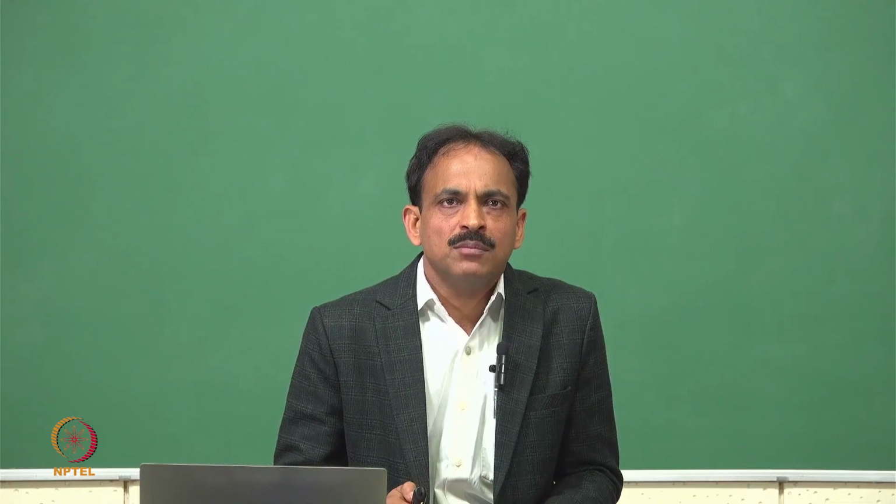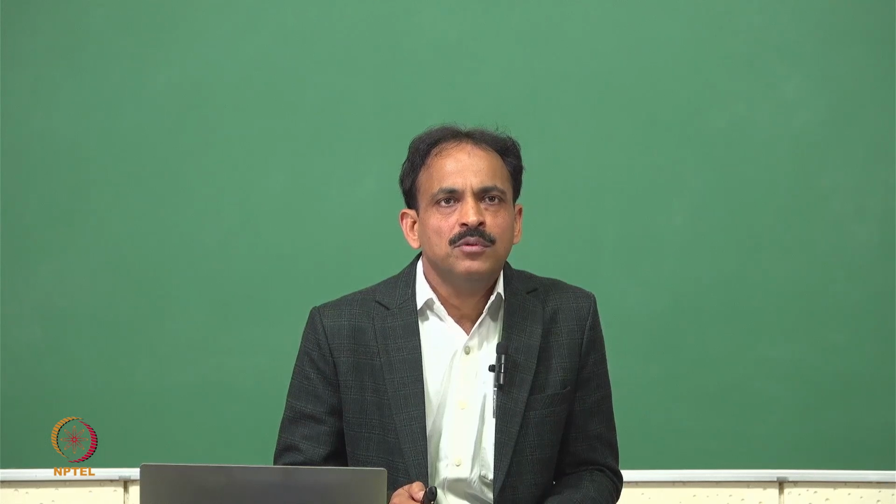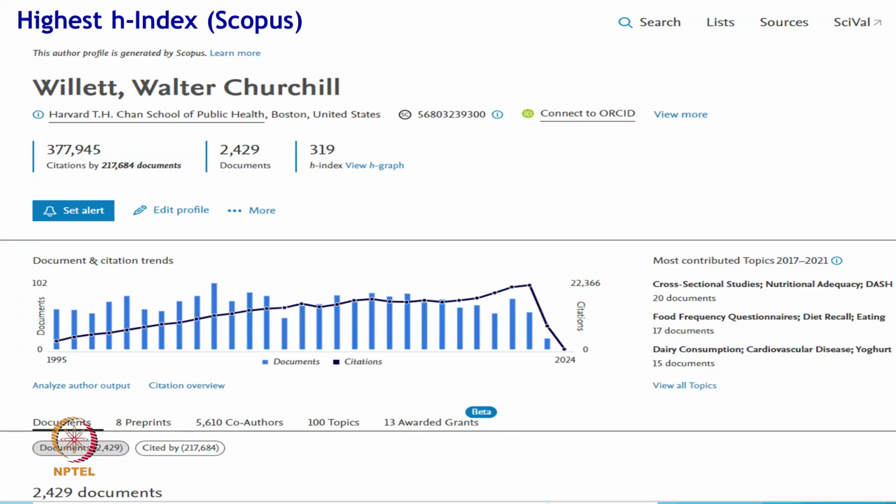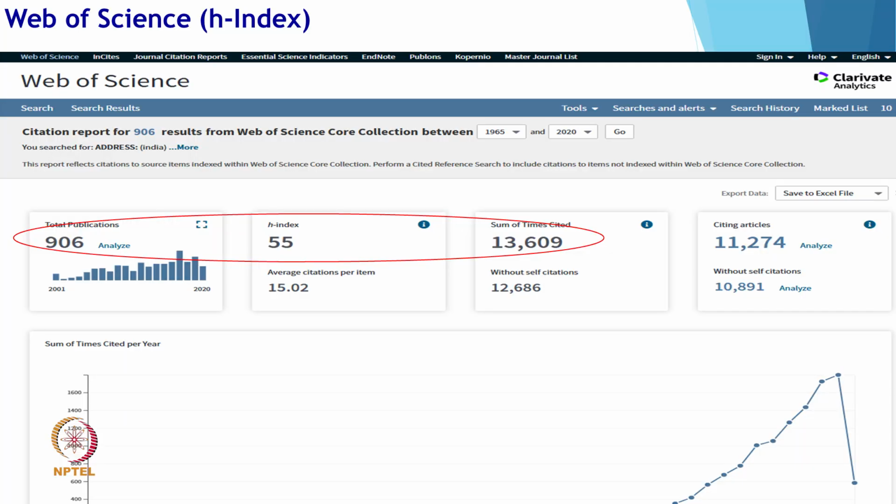In Scopus and Web of Science, it is automatically calculated and will give you the author's H-index. As per Scopus, Billet Walter has an H-index of 319, which is the maximum H-index in Scopus. Similarly, in Web of Science also you can find the H-index of a particular author.